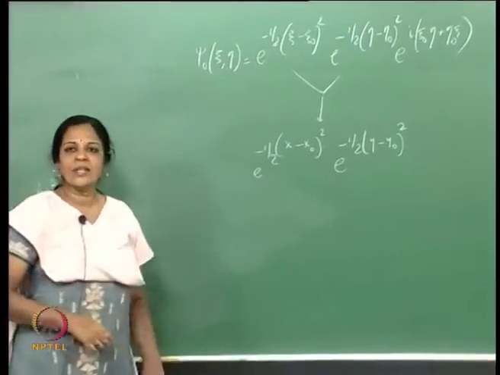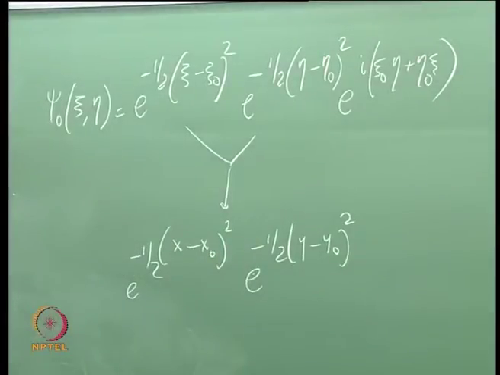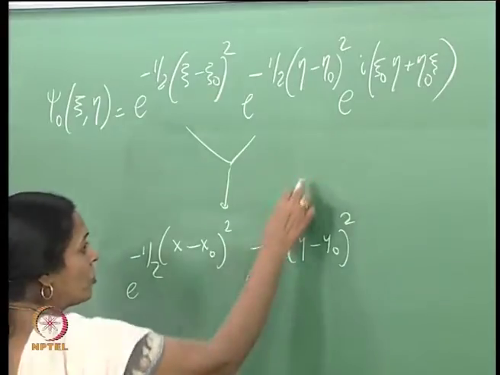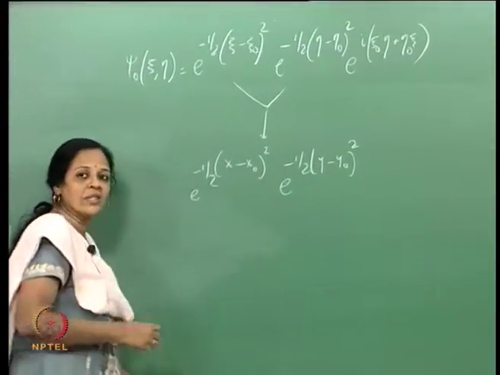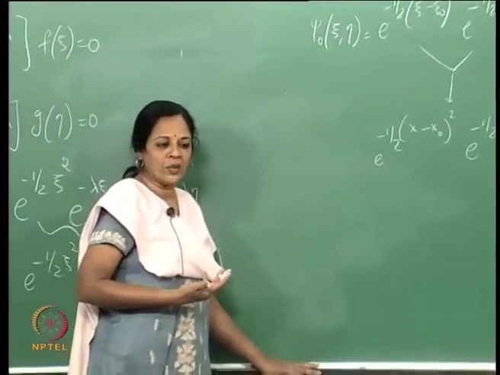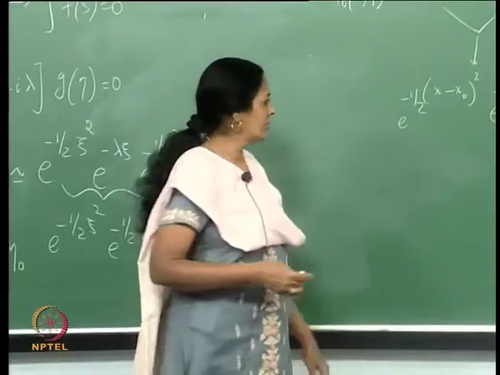Of course, as far as z is concerned, there is an e to the I pz by root 2 pi, that stays. So the full solution has, apart from all these things, it also has an e to the I pz by root 2 pi, which we have discussed earlier.